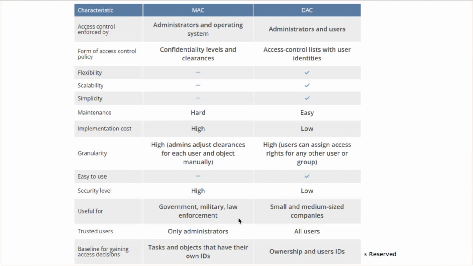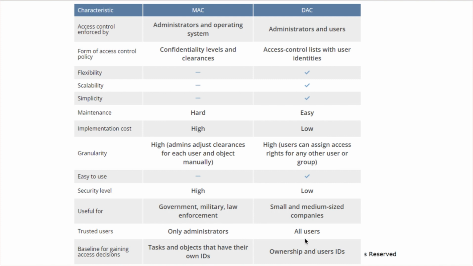Trusted users: in MSC, only administrators are trusted. The other users can only execute permissions. In DSC, all users are trusted in the sense that if they have created some content, they can set permissions on it. They can grant permissions, revoke permissions, and expand those permission sets from the self to the user, to the group, to the rest of the world.